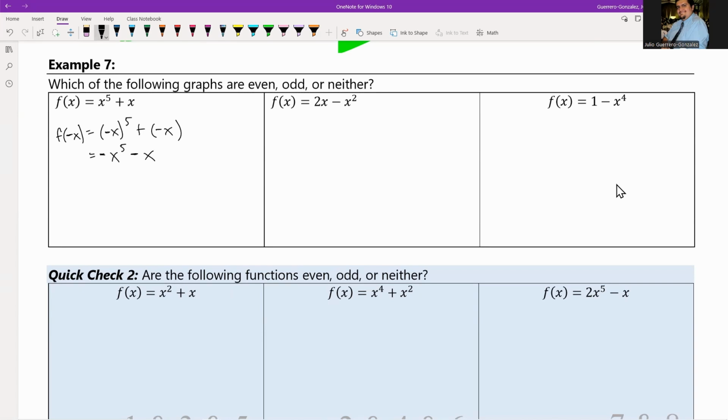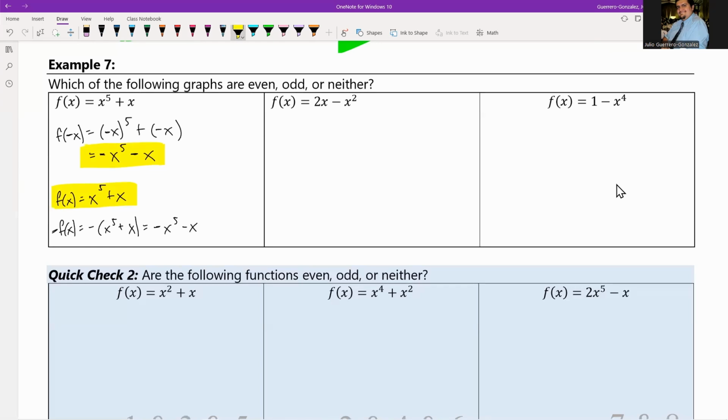All right. So now, this is the outcome. The original is x to the fifth plus x, right? And negative f of x, I'm writing these down just for reference: minus x to the fifth plus x. If I distribute this negative, minus x to the fifth minus x. I am looking at this outcome, right? It is not equal to the original, so it is not even.